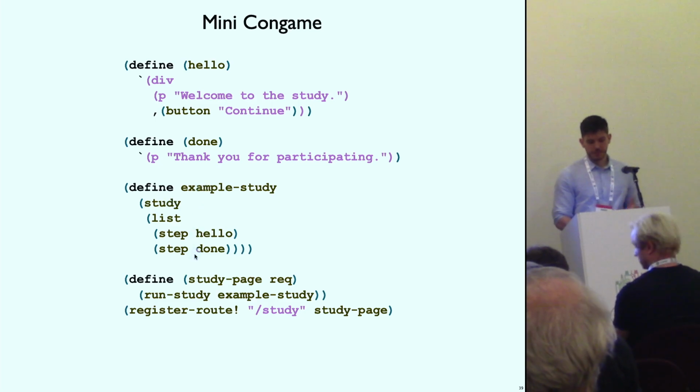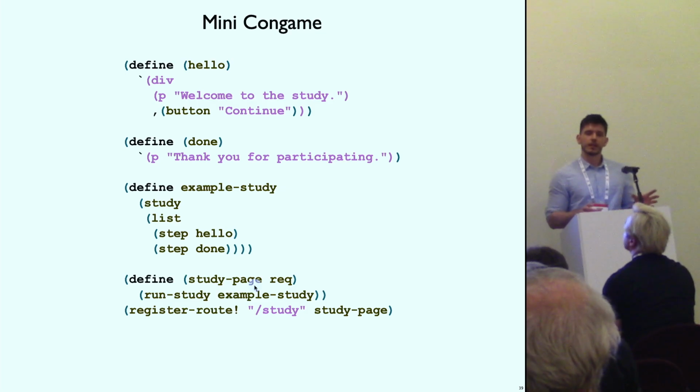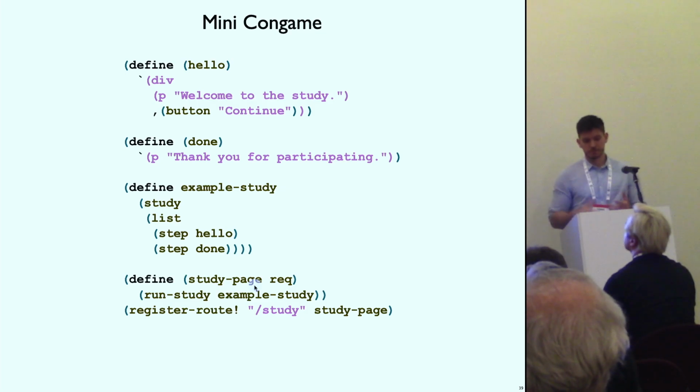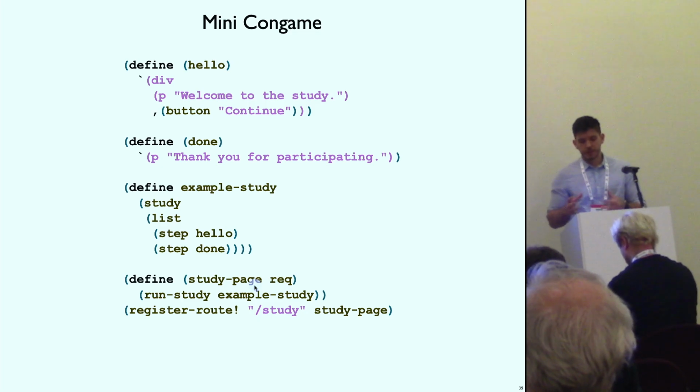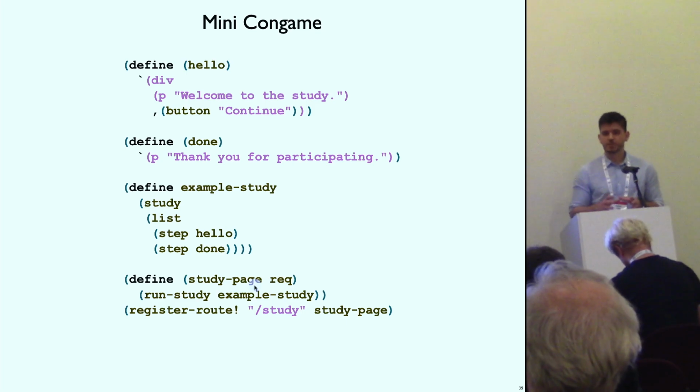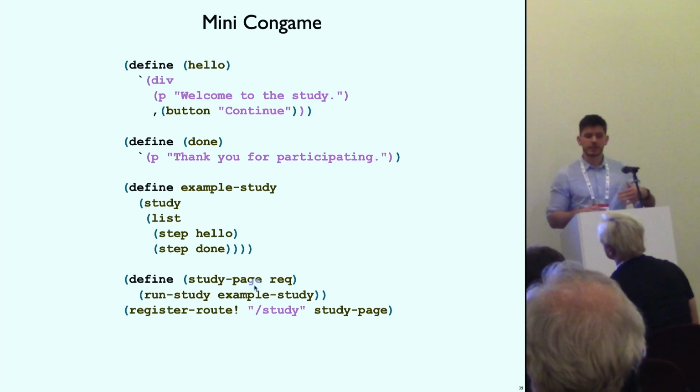And then we put these together inside a study and use our run study function inside a web request handler to actually run it for a participant to go through the study. And yeah, I say this is a mini Congame, but really our full implementation just has more features, but fundamentally it works the same way.